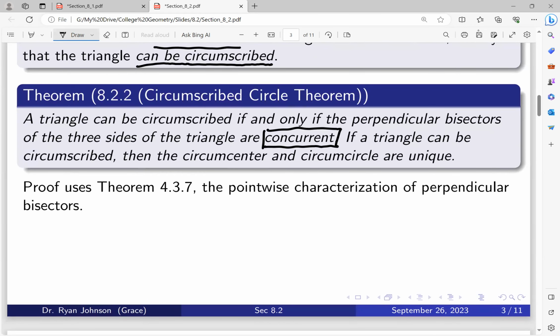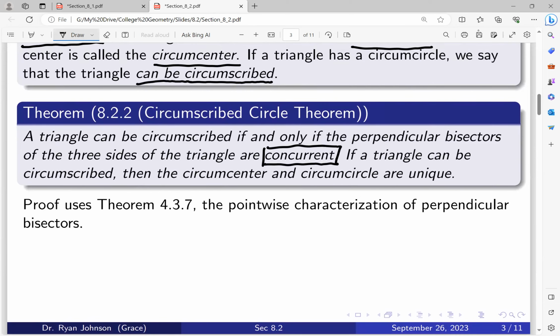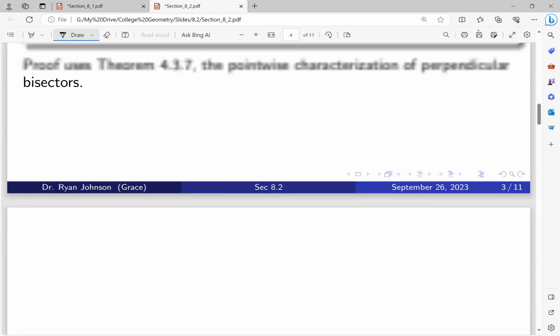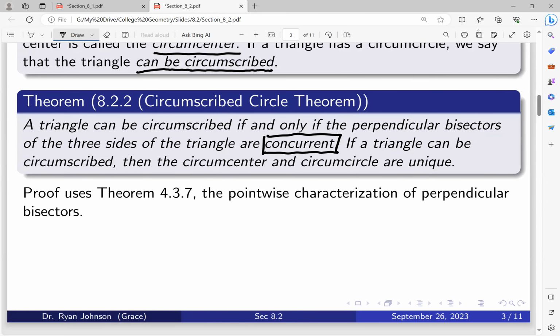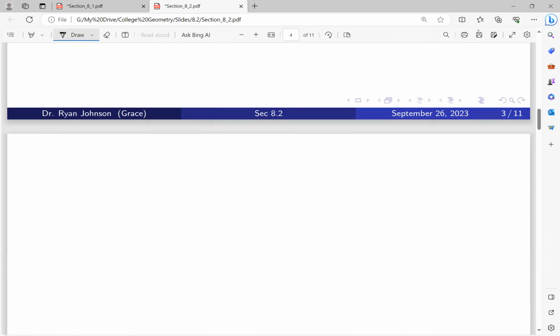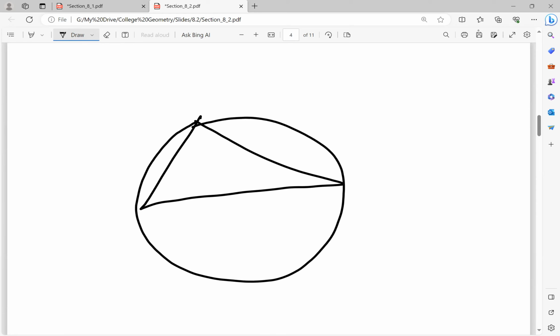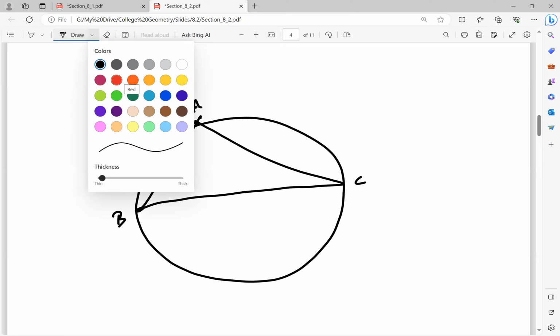All right. So we're going to need to use theorem 4.3.7, the pointwise characterization of perpendicular bisectors. So first, if and only if. Let's pretend that we pick a triangle ABC that is circumscribed. So there's A, there's B, there's C. Then we look at the perpendicular bisectors, in different colors, otherwise it's going to get messy.